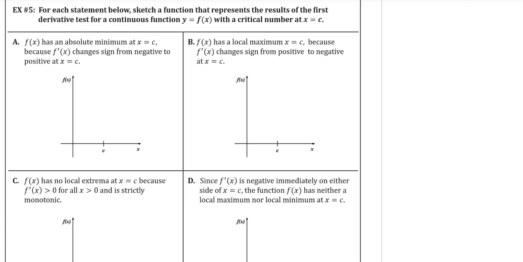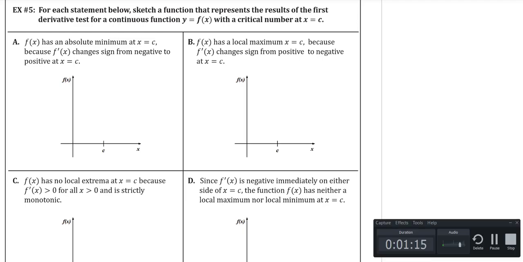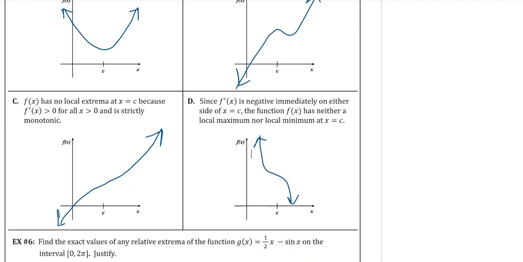It just has to have the same type of features in the same critical area near c that is given in the description. So if your graph doesn't look exactly like mine, that doesn't necessarily mean that yours is incorrect. If you're unsure, you can show me in class tomorrow. So at this point, go ahead and pause the video. Okay, so there is an example of a graph for each of the situations for number 5.